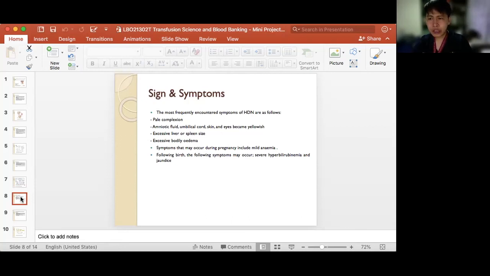Meanwhile, symptoms that may occur during pregnancy include mild anemia. Following birth, severe hyperbilirubinemia and jaundice may occur, as I said earlier. These signs and symptoms may occur in the pregnant woman or the baby itself.